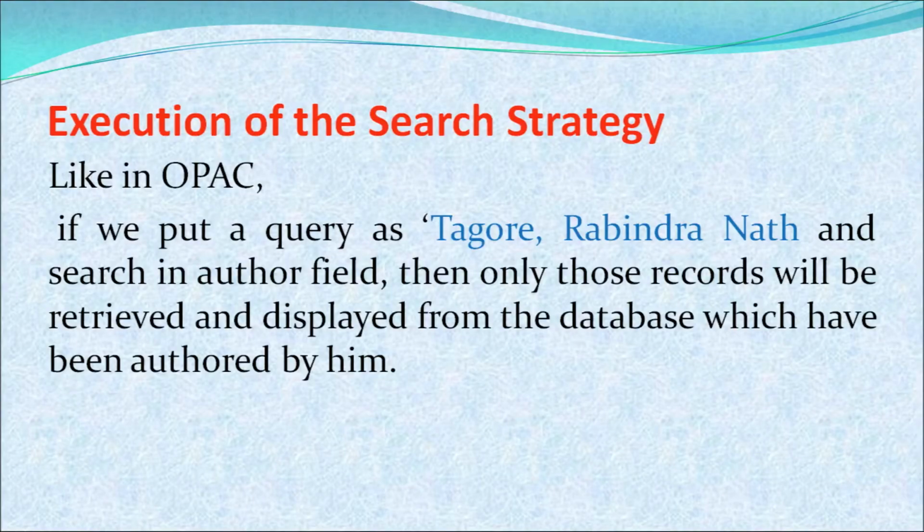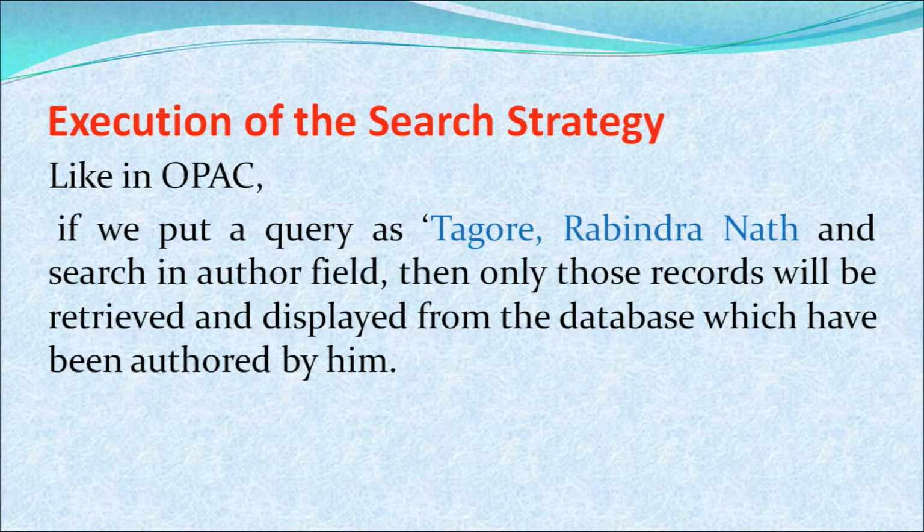Now, execution of the search strategy. In an OPAC, if we put a search query as Tagore Rabindranath and search in the author field, then only those records which have been authored by him will be retrieved and displayed from the database.